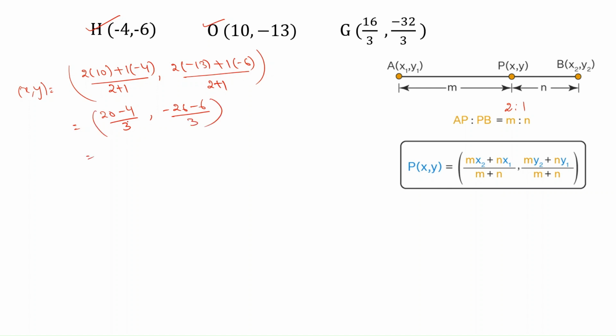Here we'll have 20 minus 4 is 16 upon 3, minus 26 minus 6 is minus 32 upon 3. This is a point which divides the line joining the orthocenter and circumcenter in the ratio of 2:1, and this point matches the centroid coordinates, which means the centroid is dividing this line in the ratio of 2:1.